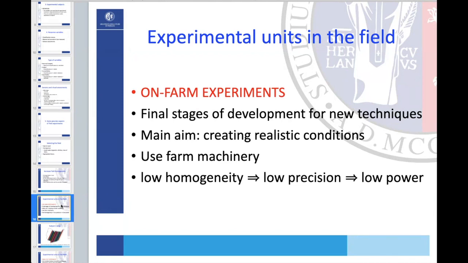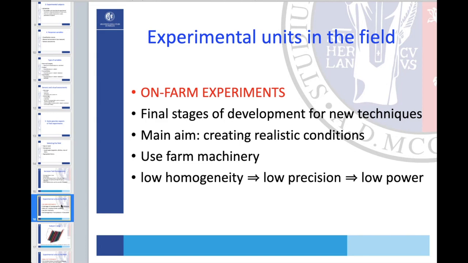It is important that we recognize the difference between two types of experiments in the field. We can have the so-called on-farm experiments. And usually these on-farm experiments are typical of the final stages of development for new techniques.